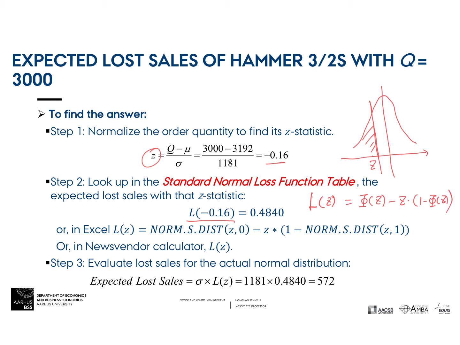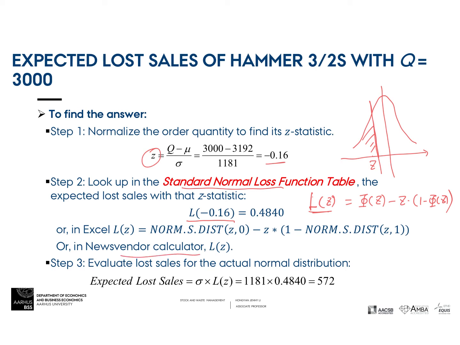But it's not necessary for you to know this function. In the Newsvendor model calculator, you can directly call this value. Otherwise, you can always find this result from your loss function table, in Excel or in the textbook.